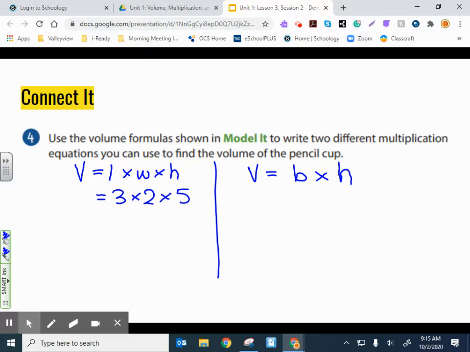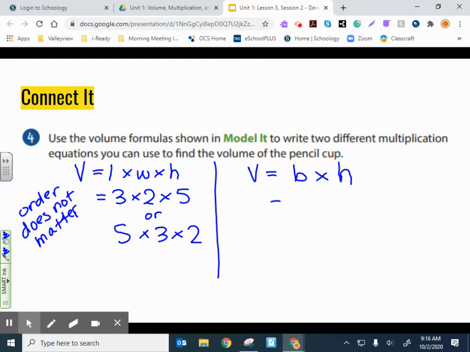So whatever measurement on that picture and model you think is the width or the length, that works, because no matter what order, like 5 times 3 times 2, you're going to get the same answer. So maybe write a note somewhere on this page: order does not matter. Don't even worry about it.